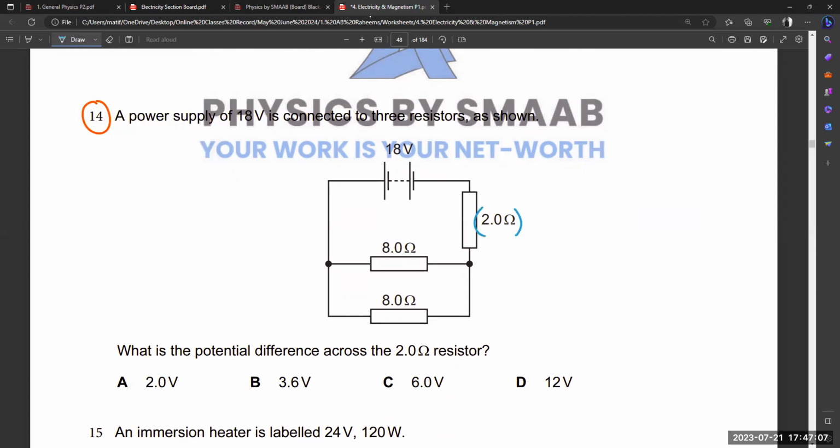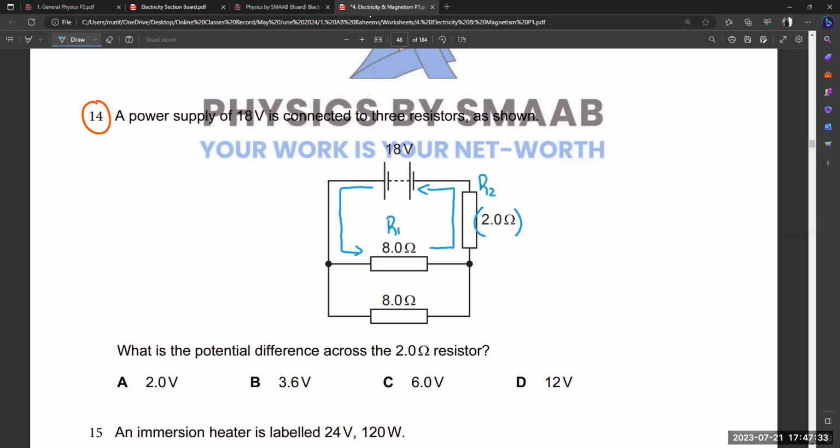They are not asking about the whole resistance or the equivalent resistance. So first of all, let's ignore this part and only consider this specific part, in which there are only two resistors: one is the 8 ohm and the second one is the 2 ohm.